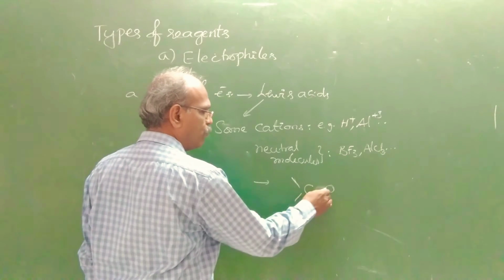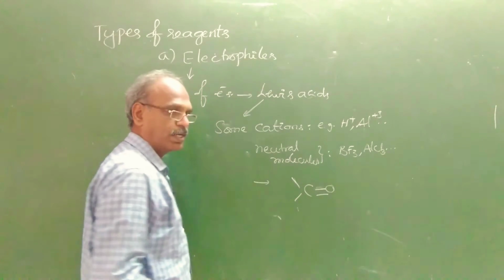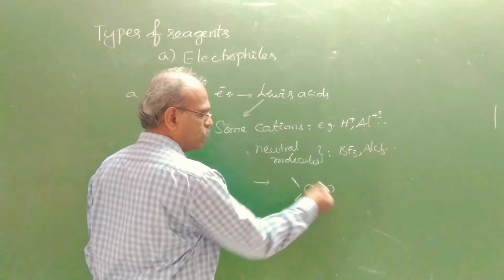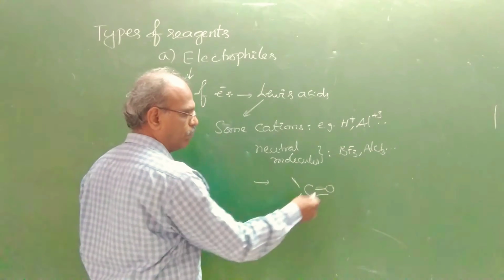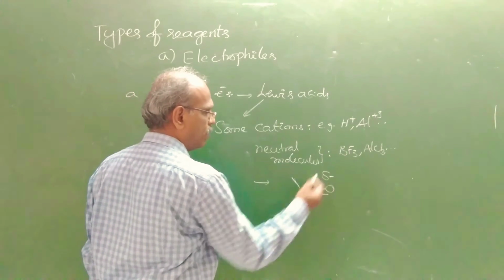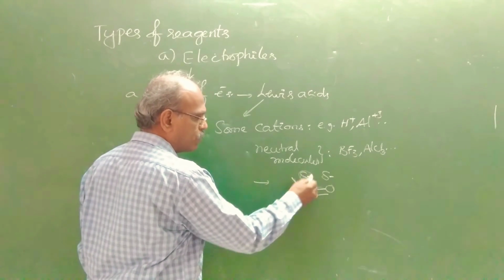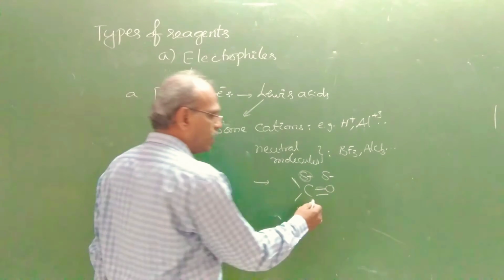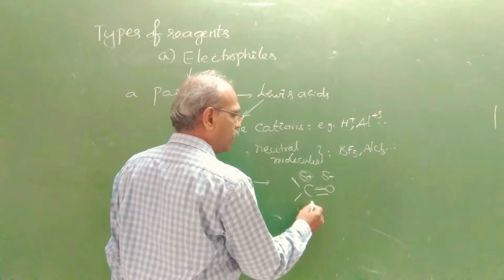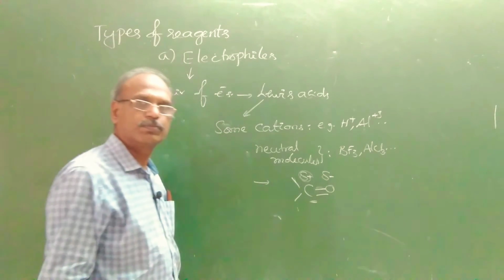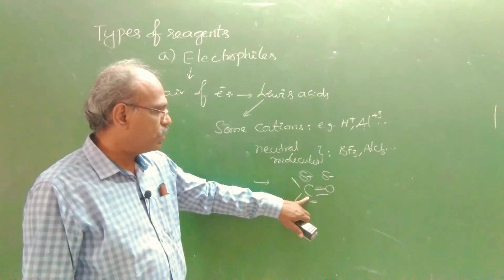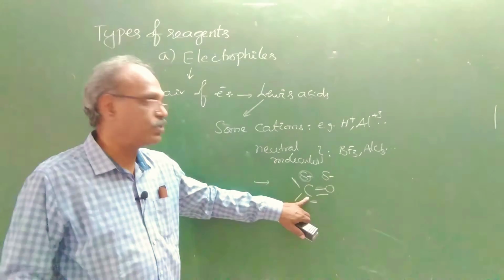Here, because of difference in electronegativity, oxygen is more electronegative than carbon. So, oxygen gets delta minus, carbon gets delta plus. Because of this charge, it can accept an electron pair. So, this can act as an electrophilic center.